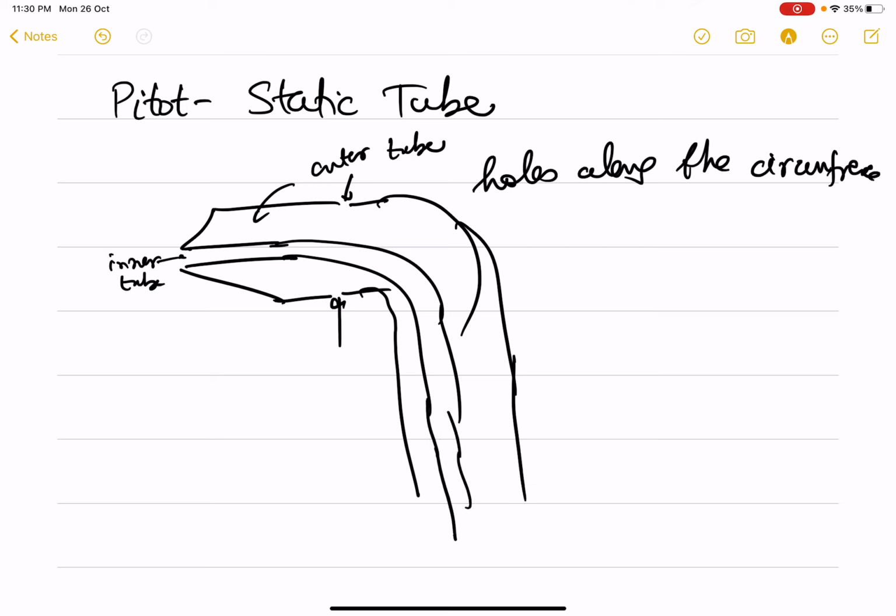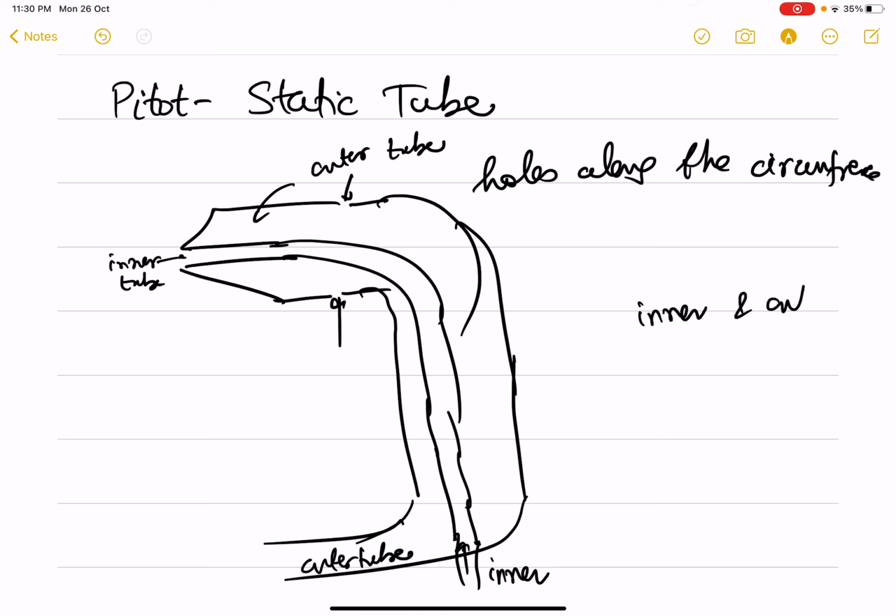So we have an inner tube and this outer tube, and these two, the inner tube and outer tube, are connected to a manometer.